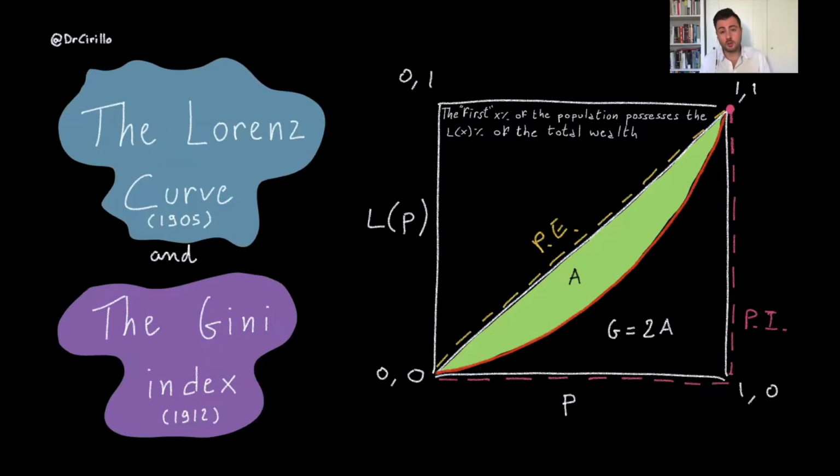So if you want, the poorest 20% of the population. And 1 minus P will be the remaining part, so 80%, and this will be the 80% of the richer with respect to the poorest. And P, naturally, representing this percentage of the population, will be between 0 and 1.